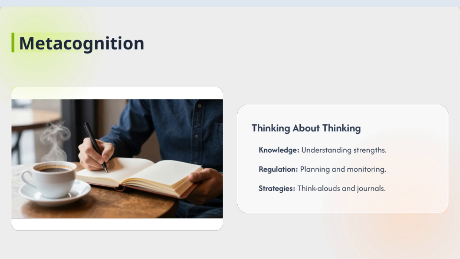Journals, on the other hand, give us a space to write down our thoughts, insights, and questions, fostering deeper self-awareness. Moving on to regulation, this involves planning and monitoring. Planning is about setting goals and deciding how to approach a task, while monitoring involves checking our progress and understanding along the way.